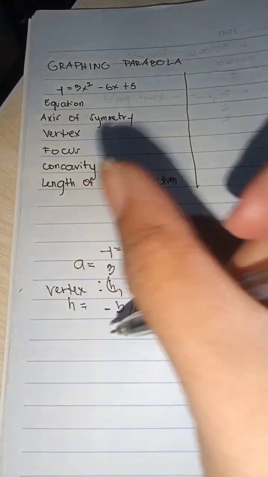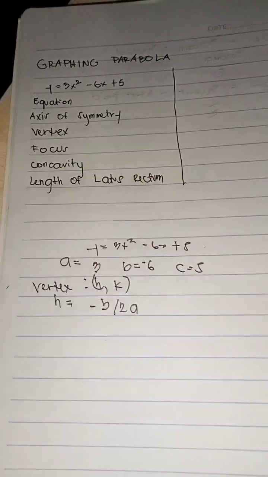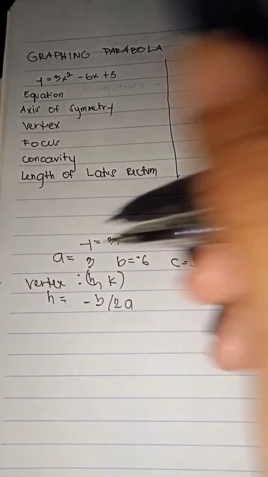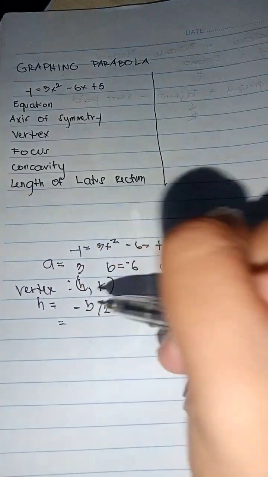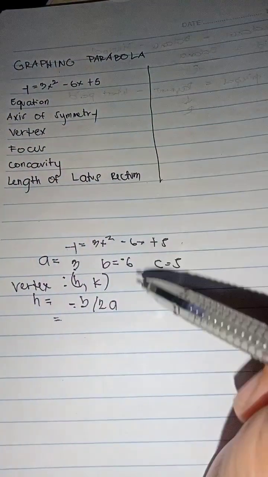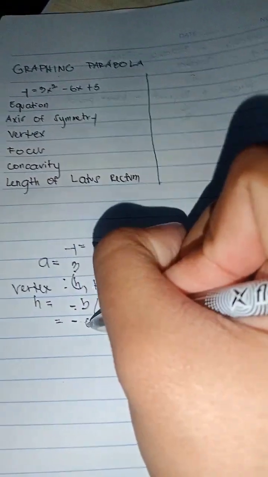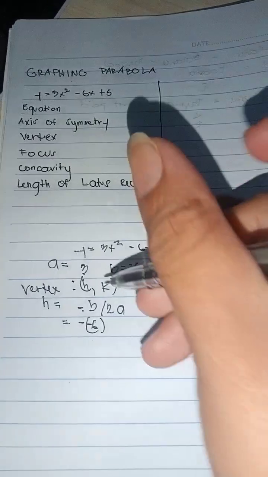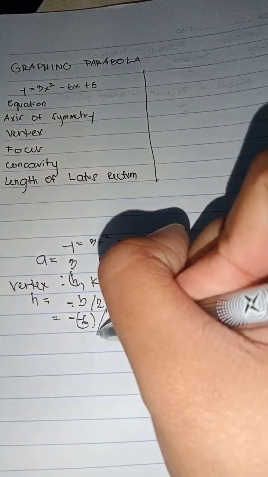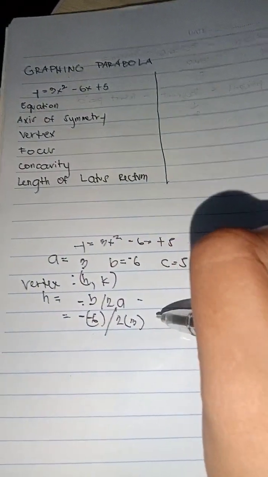Now let's substitute each of the variables into the formula. Our b is negative 6, so we have negative times negative 6, which becomes positive, over 2 times our a, which is 3.